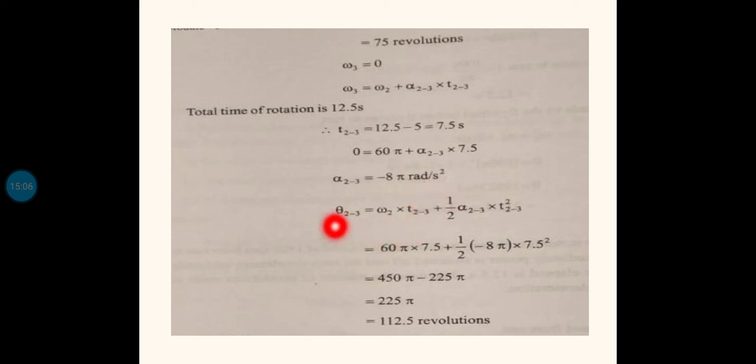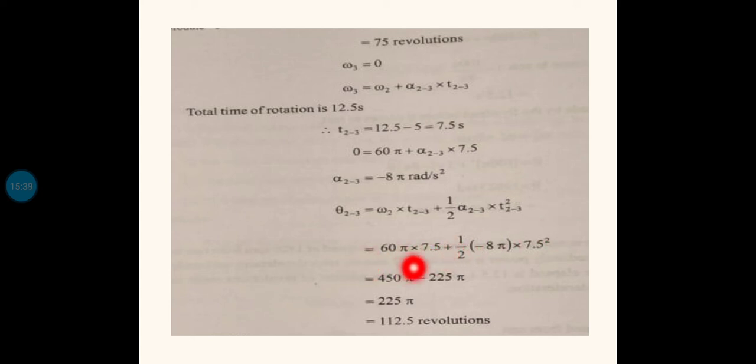So we have the displacement and velocity connecting equation: theta 2 3, the angular displacement, equals omega 0 into t 2 3 plus half into alpha 2 3 into t 2 3 square. Here omega 0 is 60 pi into t 2 3, which is 7.5, plus half into alpha 2 3, which we already got as minus 8 pi, into 7.5 square.